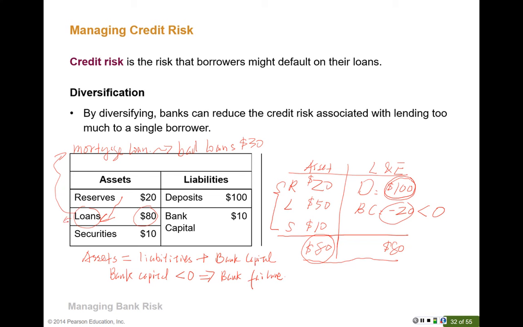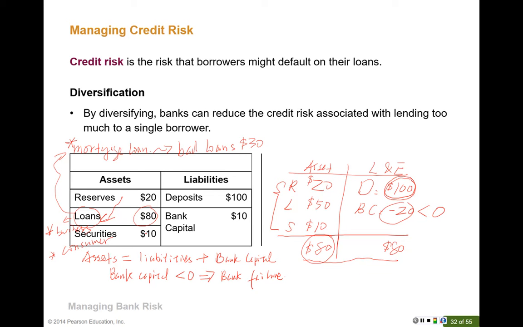They need to lend out some loans as mortgage loans, some as business loans, and some as consumer loans, like auto loans.